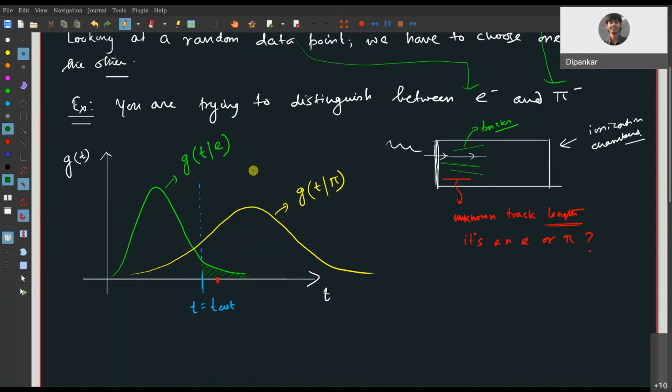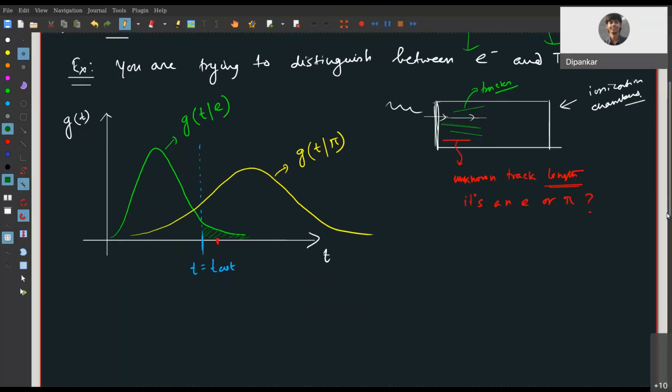Now remember, if t is greater than t cut, you are concluding that the unknown particle in question is a pion. But there is a finite probability that you might be wrong. That means you are rejecting H0 even when H0 is true. Then what is the probability of that?